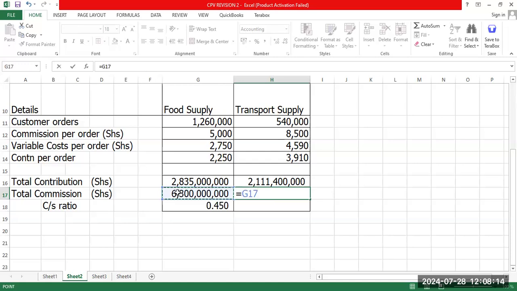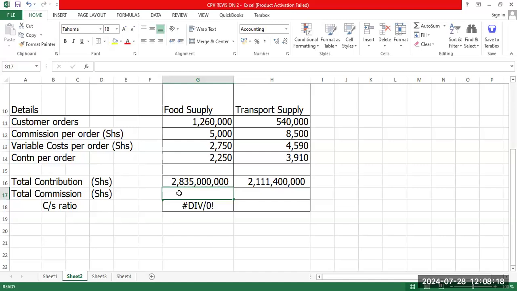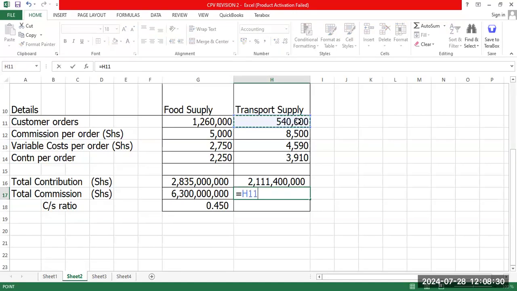So here we are getting customer orders times commission per order. I think this is the right figure.